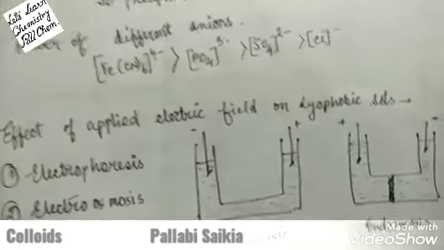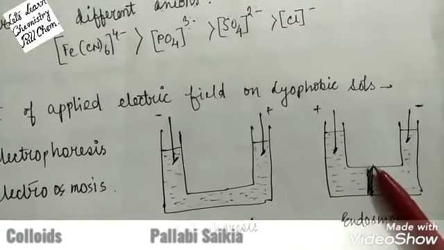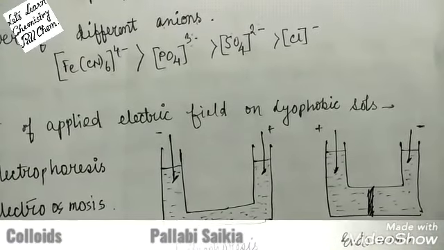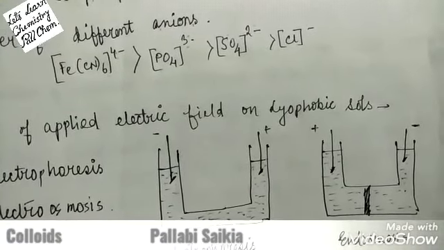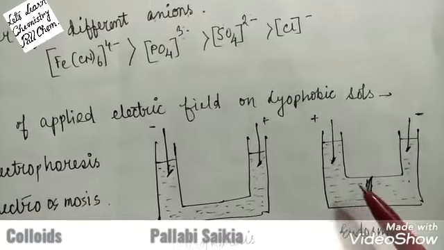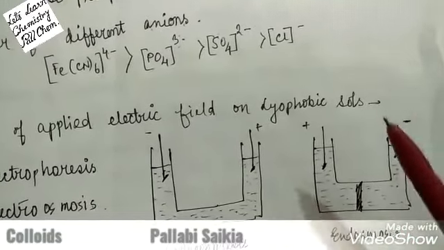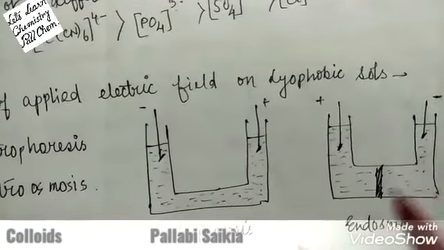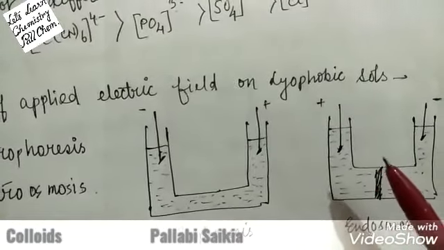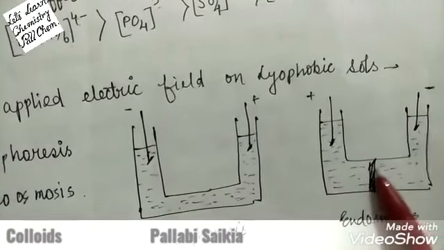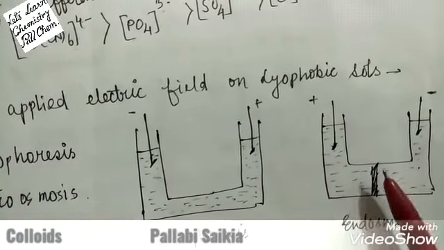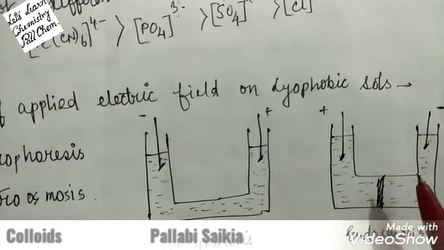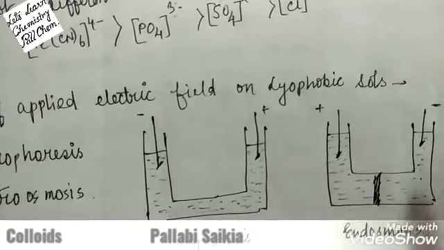Similarly, there is electro-osmosis. When a membrane is present within the colloidal particles, and in the presence of an electric field, the molecules of the dispersion medium are allowed to move under the influence of the electric field, and the colloidal particles are not allowed to move.